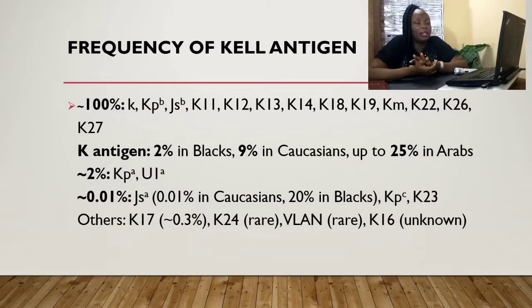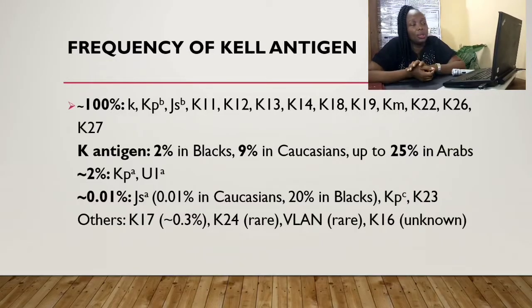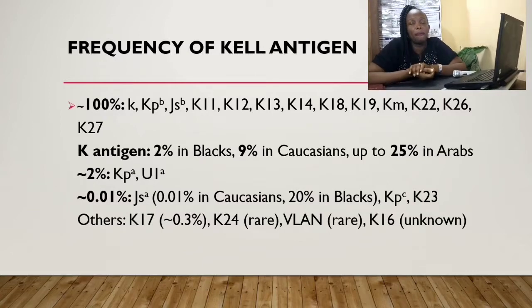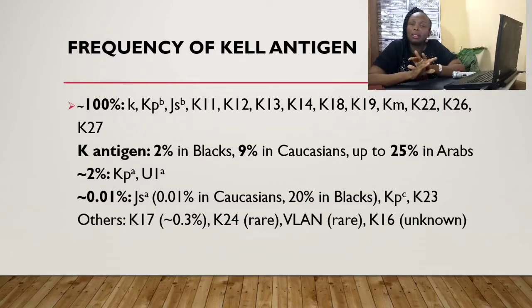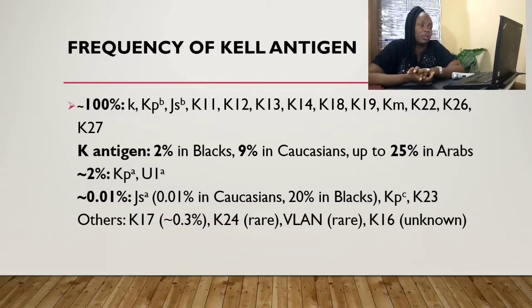Frequency of Kell antigen. Kell antigens such as little k, KPB, JSB, Kell 11, 12, 13, 14, 18, 19, as shown on the slide, are found approximately 100% in most of the populations, be it Black, Caucasian, Asian, and all the rest.